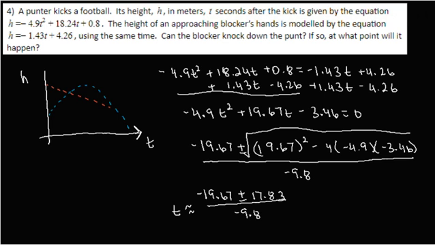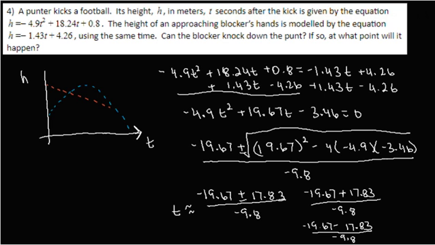We have negative 19.67 plus 17.83 divided by negative 9.8, and negative 19.67 minus 17.83 divided by negative 9.8.